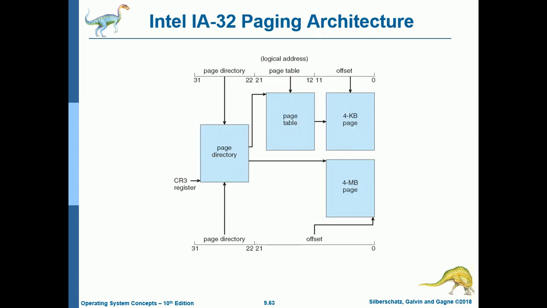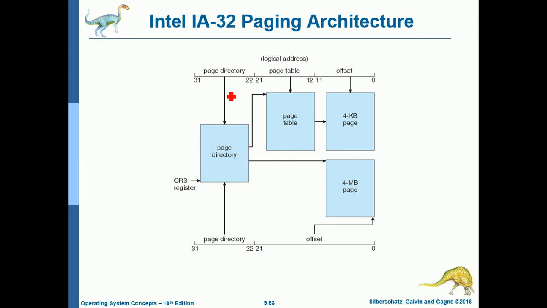Next we have the Intel IA32 paging architecture. The 10 high-order bits reference an entry in the outermost page table, which IA32 terms the page directory.